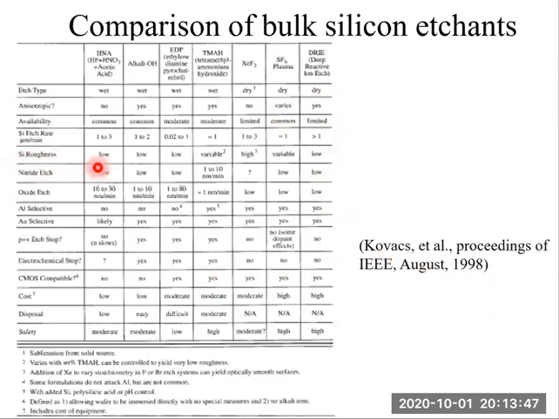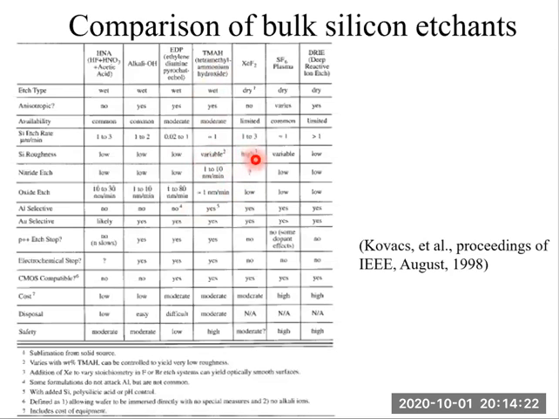Silicon roughness: HNA low means fairly smooth. KOH low, EDP low. TMAH variable. Remember, if the concentration of TMAH is low, then the etched surface can become very rough. On the other hand, if we use a high concentration of TMAH, then we can obtain a smooth surface.